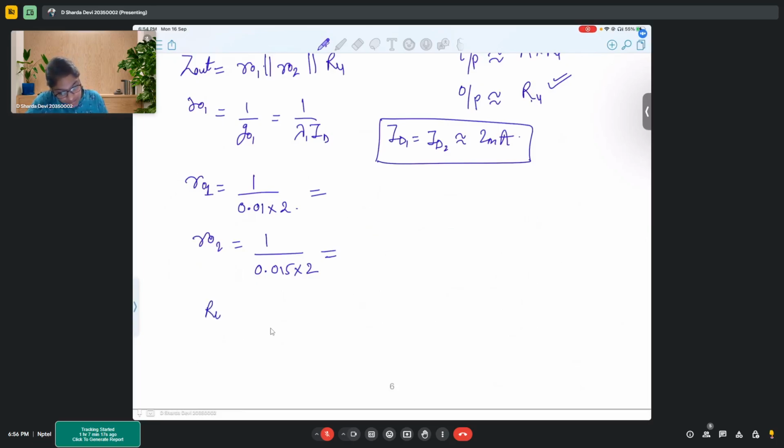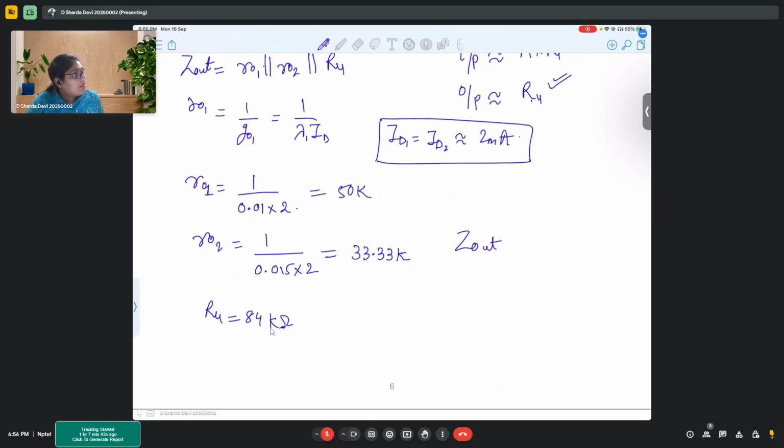We know that R4 is 84 kilohms. R naught 1 is 50K, and R naught 2 is 33.33K. And this is 84K, right?